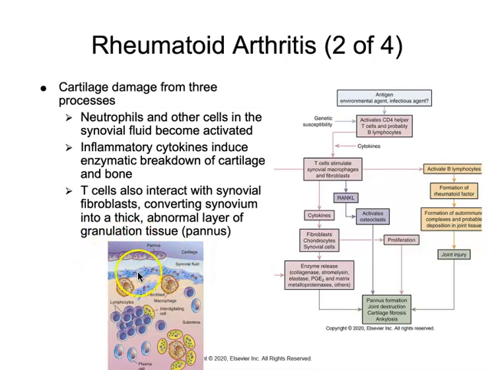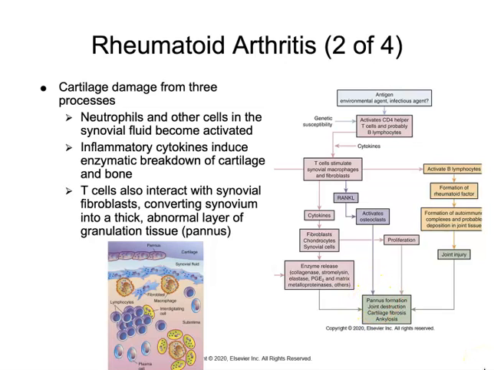You can kind of see this taking place over here, where it starts to thicken into a pannus, which is an abnormal layer of granulation tissue composed of inflammatory cells, fibroblasts, and macrophages. And this starts to aggressively invade our cartilage and our bone, which exacerbates the joint destruction. This is also going to promote the expression of RANKL, which activates our osteoclasts and leads to further bone erosion.